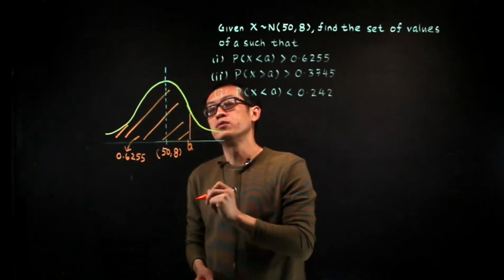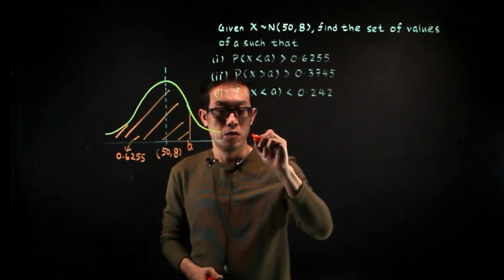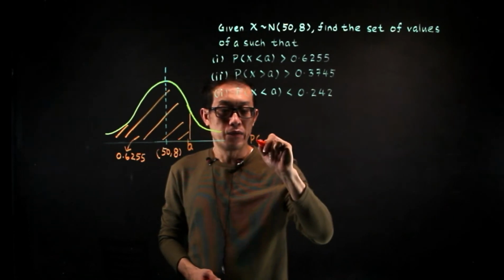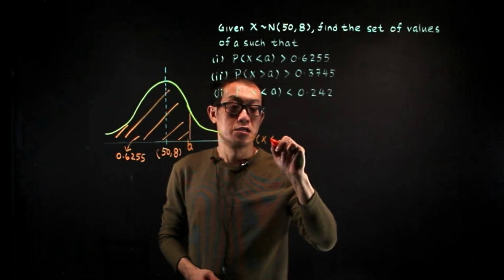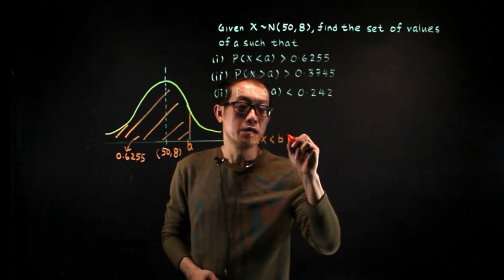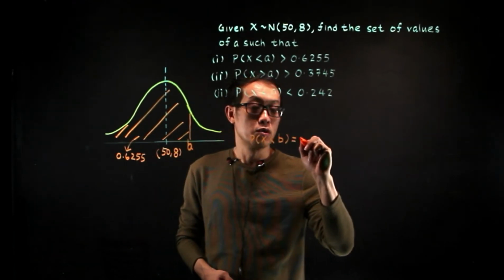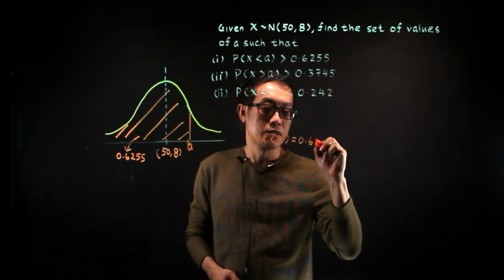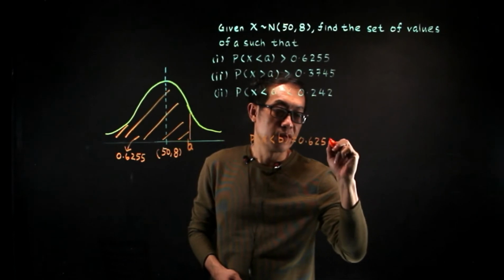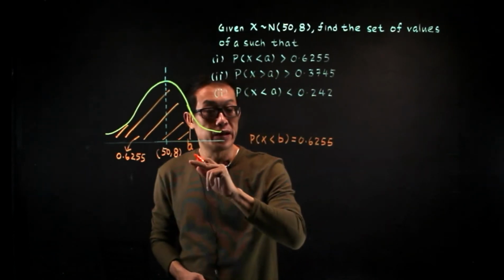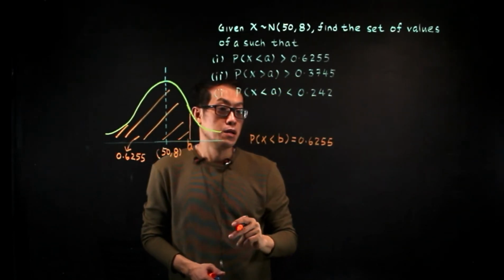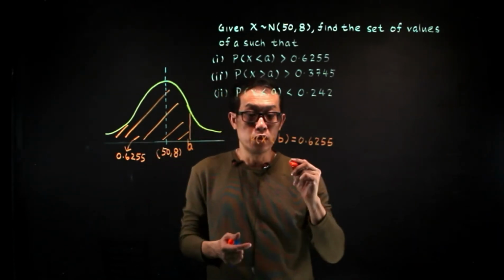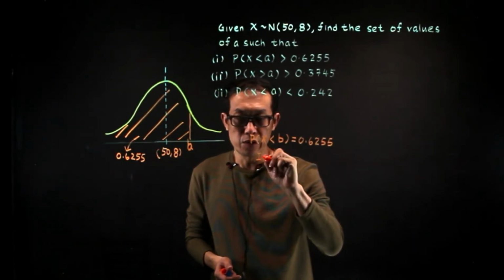So, P of x smaller than B is equal to 0.6255. Let's find this value of B. So I can do an inverse normal.